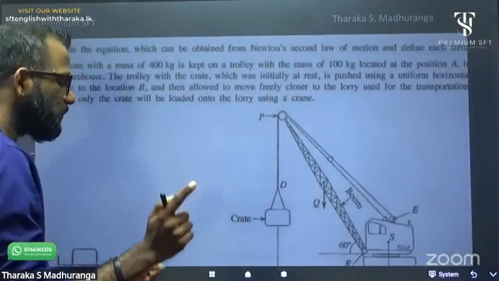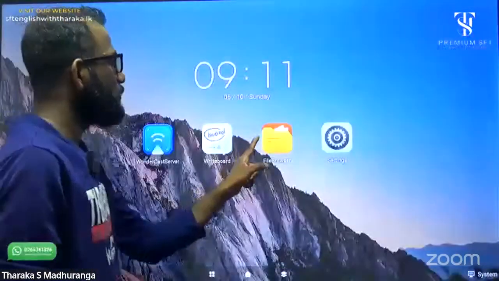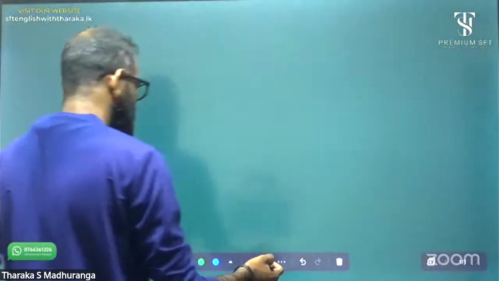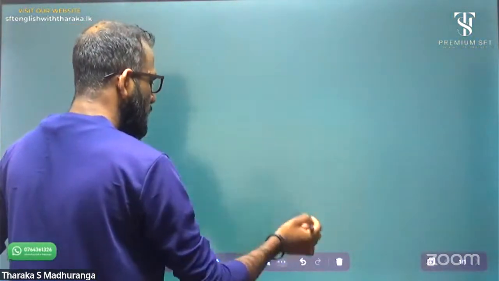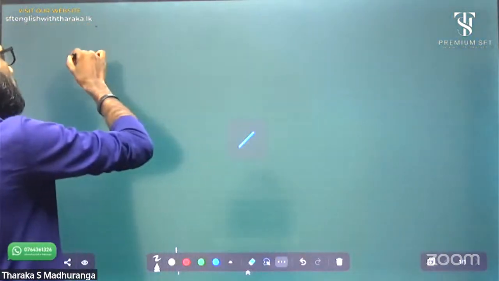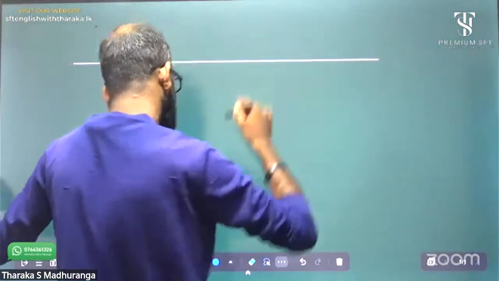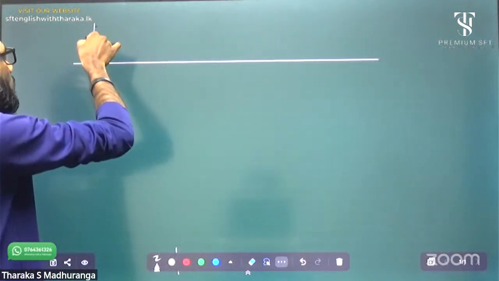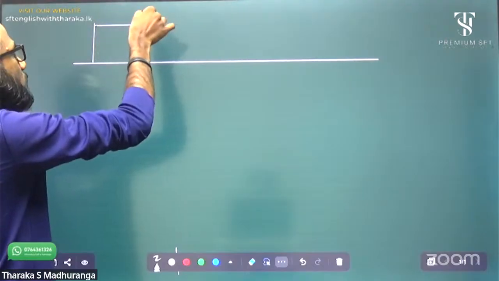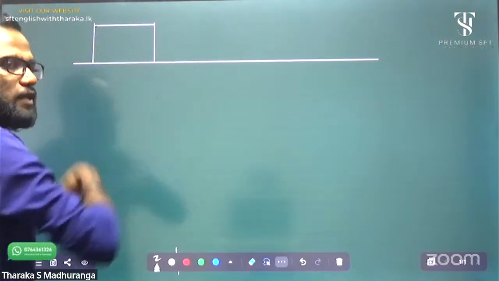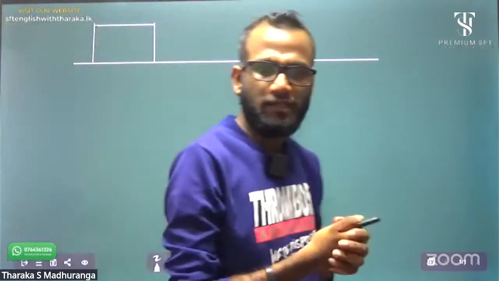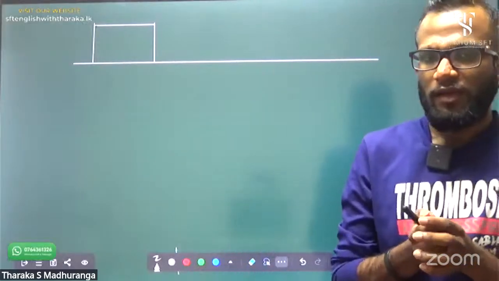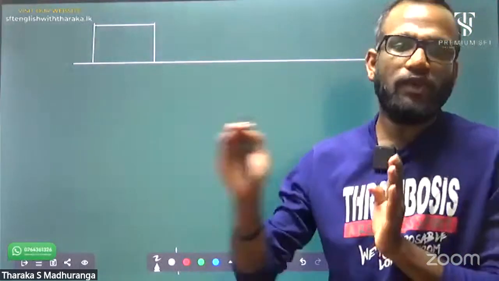Newton's first law explained about balanced objects, rest objects or uniform velocity objects.